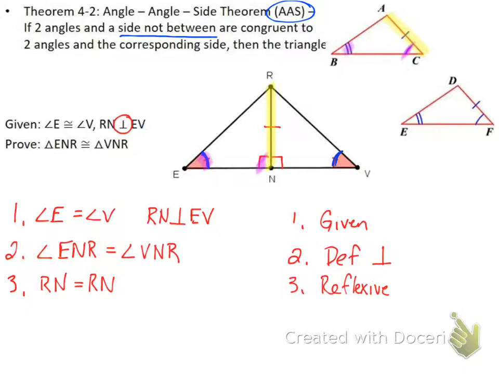So this one is an example of angle angle side. So triangle ENR is congruent to triangle VNR by angle angle side. The side is not between the angles, so that's why it's angle angle side.